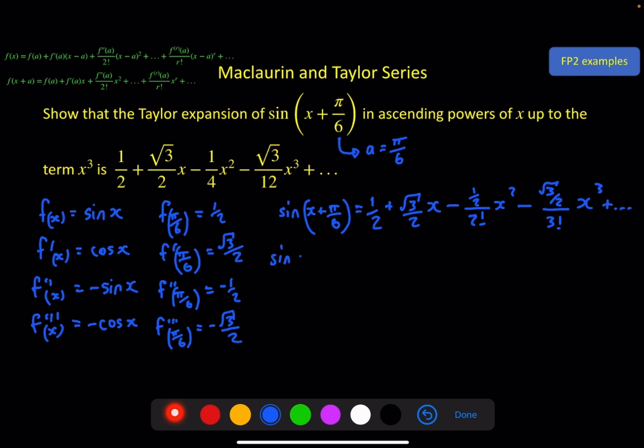Tidying this up again gives us a half plus root 3 over 2 x, and a half divided by 2 is a quarter, so we've got x squared over 4, minus root 3 over 2 over 6 is root 3 over 12, x cubed, and then double check that does match with what we had in the question.